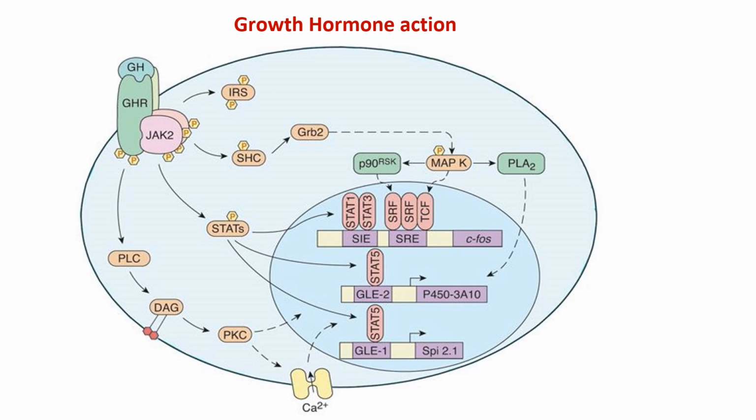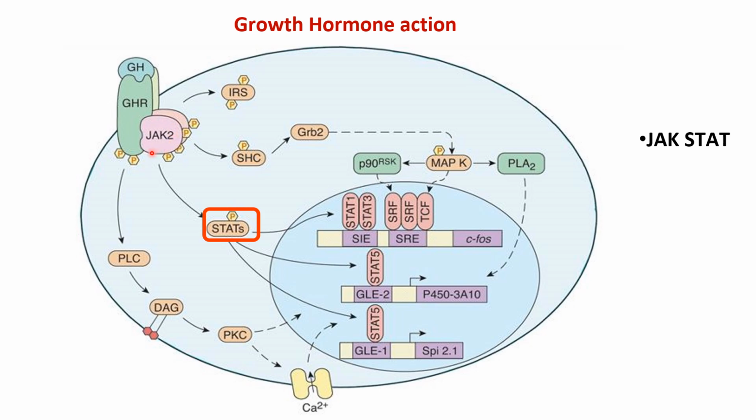Mechanism of action of growth hormone. The binding of the growth hormone with the growth hormone receptor activates 4 signaling pathways. Let us discuss one by one. First, the JAK-STAT pathway. JAK2 is a member of the family of cytoplasmic tyrosine kinases, which is also known as Janus kinase.